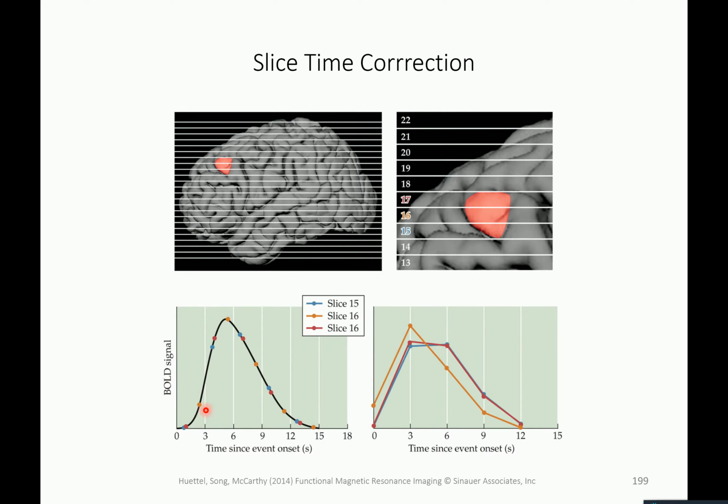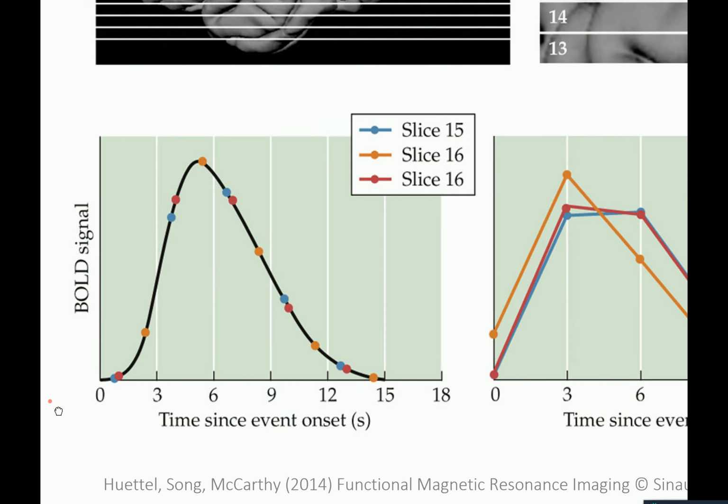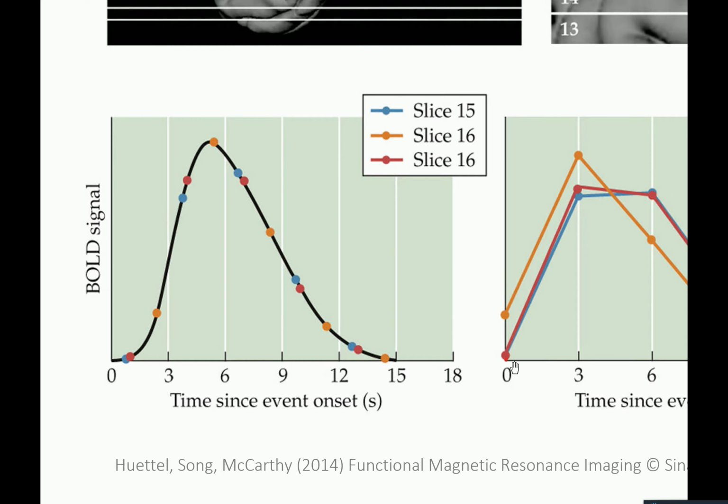Of course, in this time, the BOLD response has increased. And you now have the following: for slice 15 and 17 you have roughly the same value, and for slice 16 you have a larger value, although it's essentially at the same location. This relates to the fact that the time that you allocate to this slice is always the TR value and not the specific slice value.